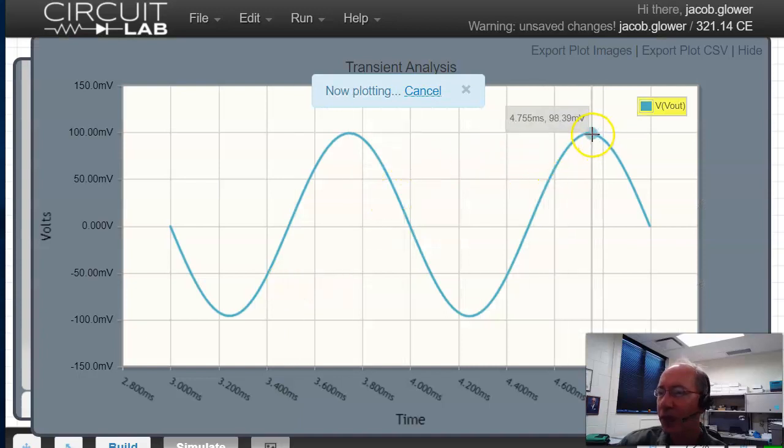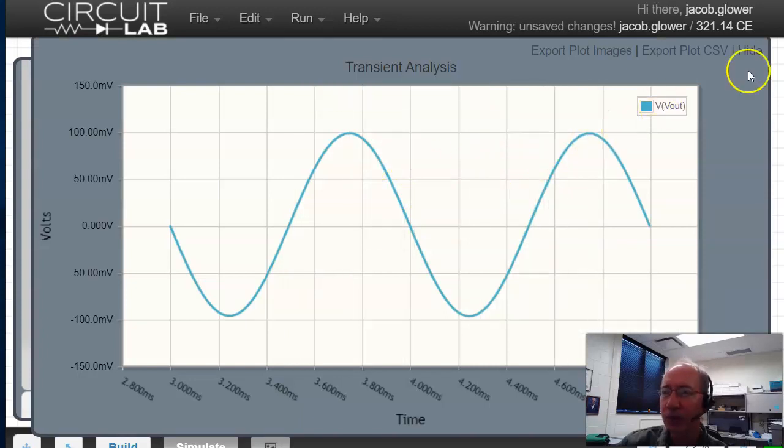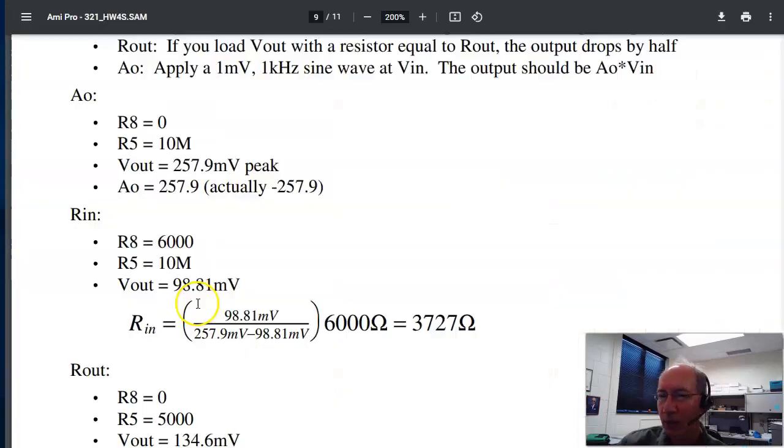And now I'm getting 98 millivolts. That 98 millivolts lets me calculate Rin. If you do the calculations, it works out to be the new voltage over the original voltage minus the new voltage, times 6K. That's my test resistance. The input resistance is 3727.